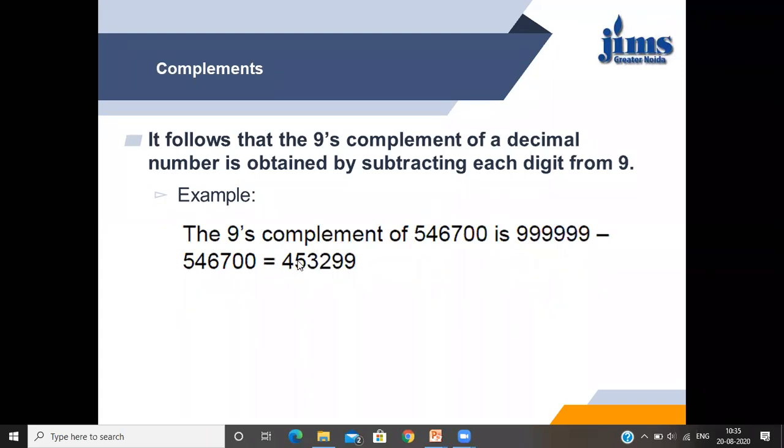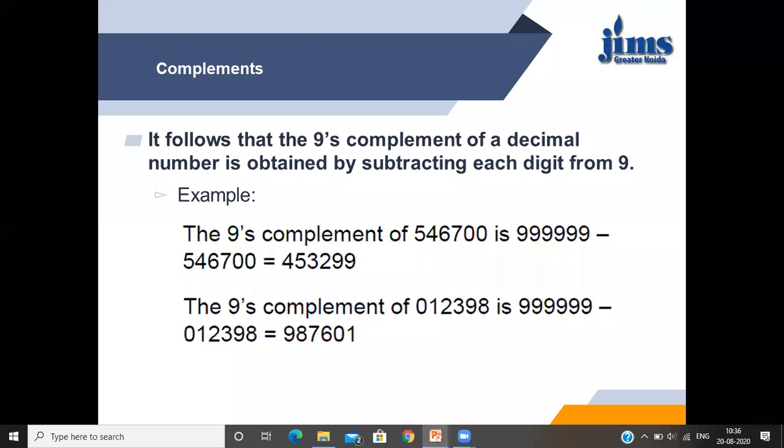The algorithm looks a bit tricky, but we just have to subtract each digit from 9, and the resultant number is the 9's complement.